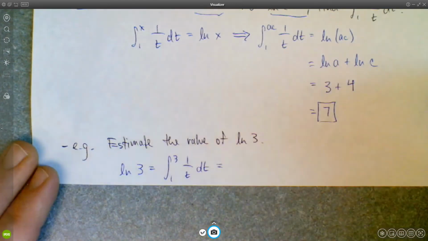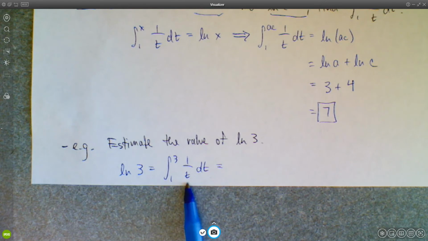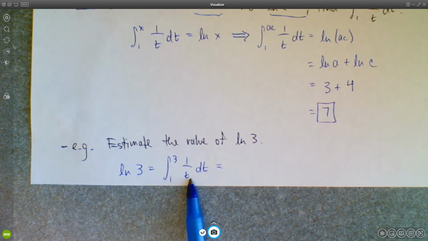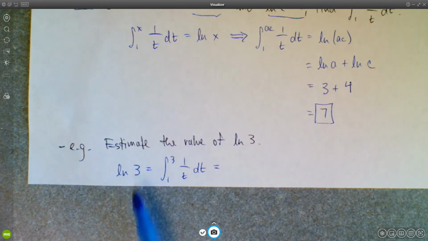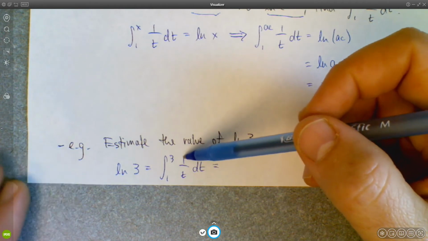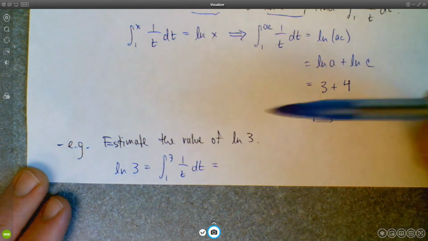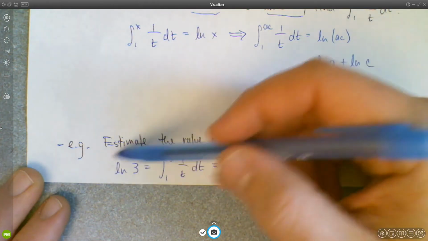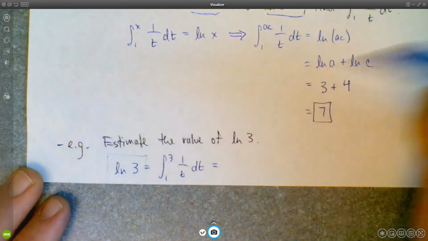To get the exact value, you would find an antiderivative, which is just ln t, then plug in 3 and plug in 1 and subtract them. ln 1 is 0, so you just get ln 3. So ln 3 is the exact answer, right? But that requires us to know that the integral of 1 over t is natural log of t. And more importantly, it doesn't help us to know about how much ln of 3 is.